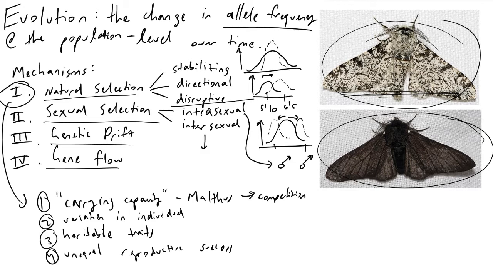What happens in intersexual selection, inter meaning among, is that you will have a male competing with a female, and in these situations you're going to see, like in peacocks, males will show off their plumage to try to woo a female, and this is a perfect example of what intersexual selection is.